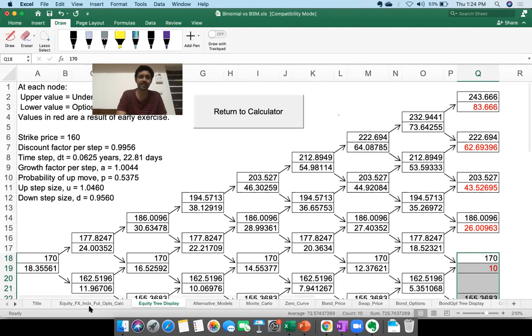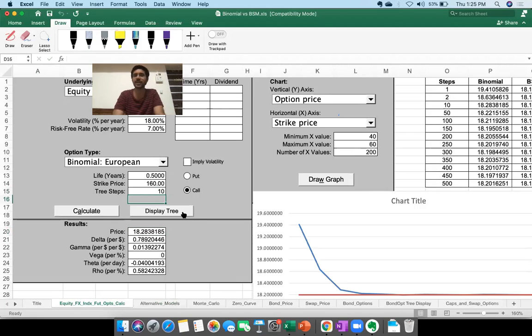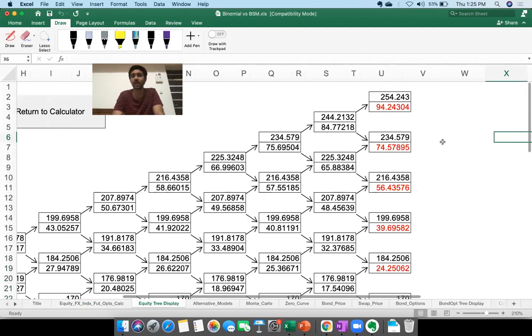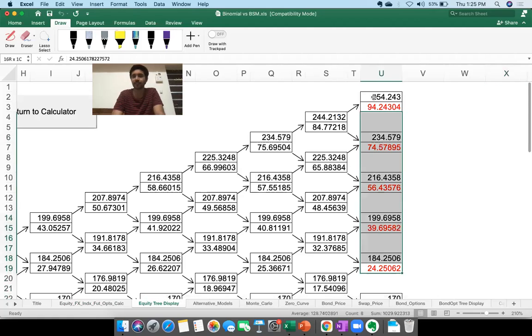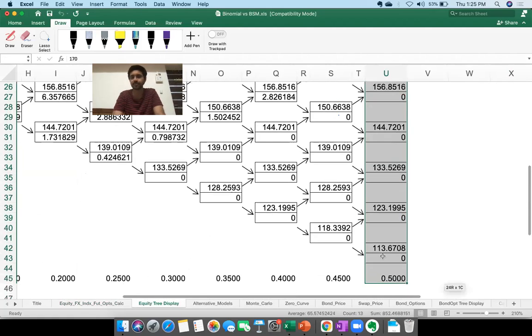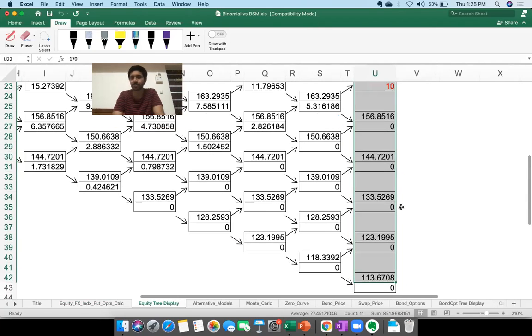If you go back and press a 10 period binomial, calculate, and then I'm displaying the tree, a 10 period binomial will have 5 possible share prices plus another 6 possible share prices.